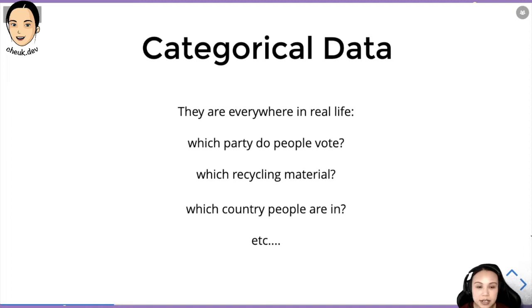A lot of the data that I dealt with was actually categorical data. It's rare that you would have pure numerical data on a spectrum and also predict a numerical value.